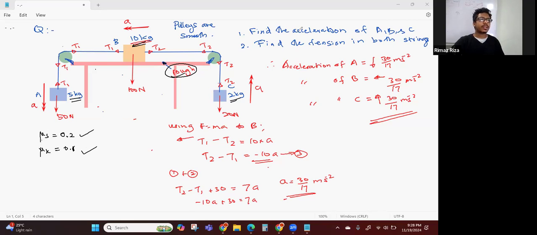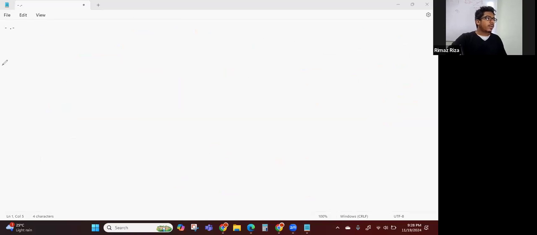Then you have to find the acceleration of A, B and C and the tension in both strings. Okay, so let's start the inclined planes.